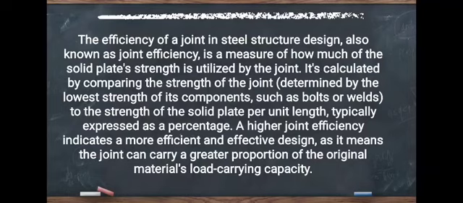The efficiency of a joint in a steel structure design, also known as joint efficiency, is a measure of how much of the solid plate's strength is utilized by the joint.